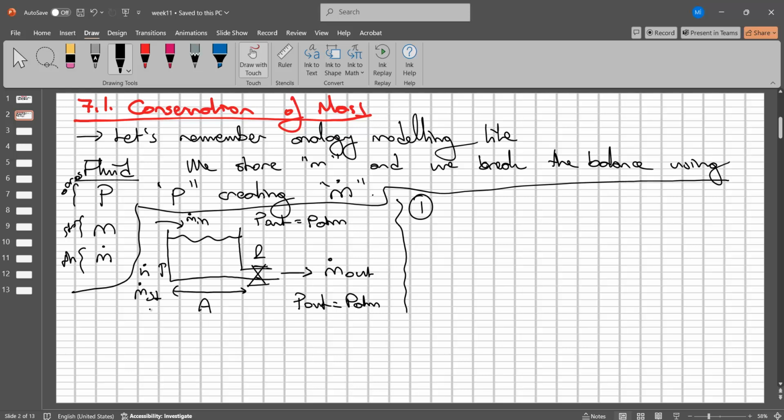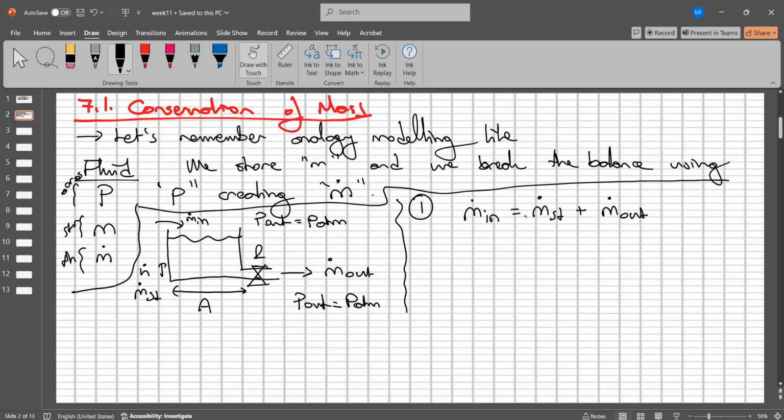No, we store some value of the fluid, and so the input m in dot must be equal to m store dot plus m out dot, right?